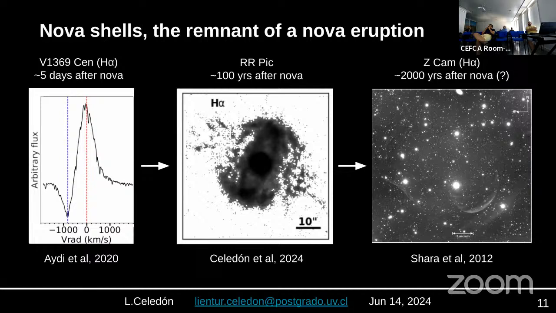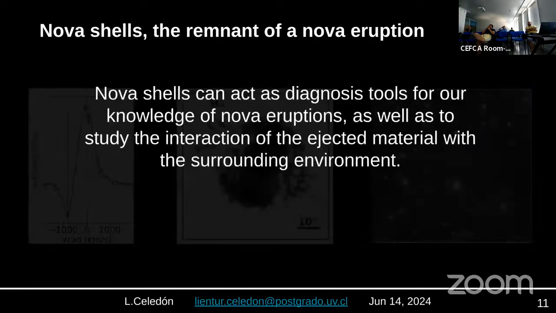For example, this one was the first nova shell with an age estimate of 2000 years. From the Chinese records to 2012, we can see there are some remnants of hydrogen, or of a system that was originally here. So why do we care about these systems? Because they can act as a diagnostic tool for understanding the physics of nova eruptions.